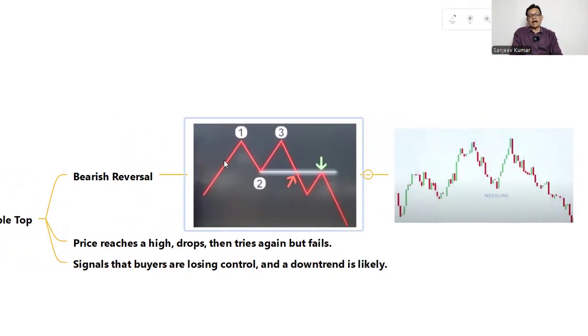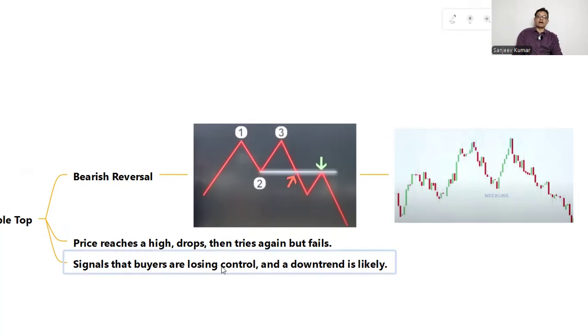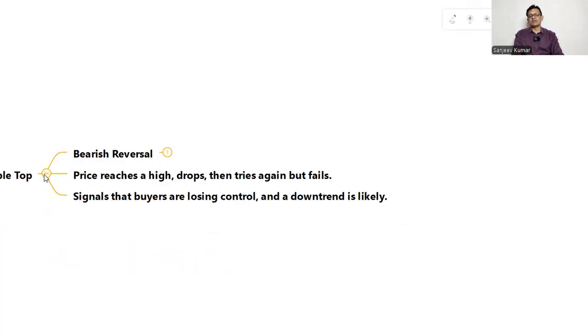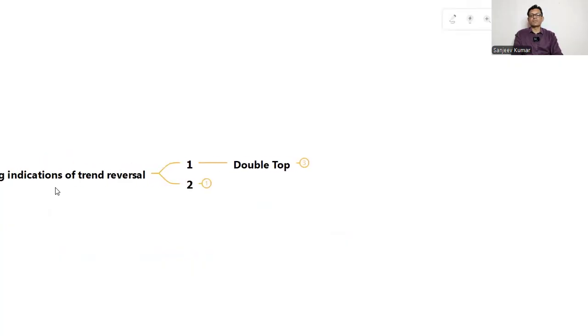Price reaches high, drops, then tries again, but fails from here. It means a signal that buyers are losing control and a downtrend is likely. I think this must be clear to all of you.